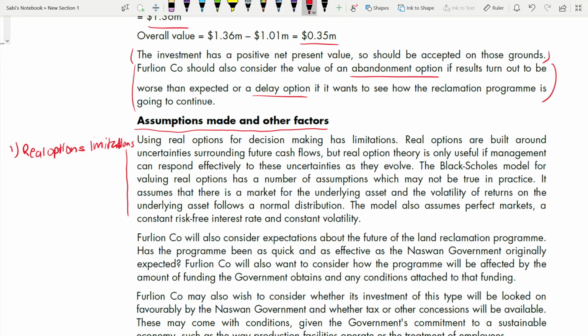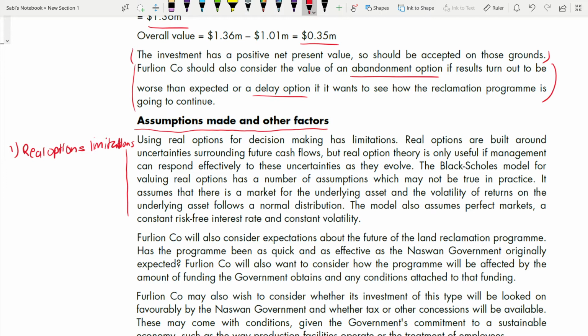So the second, real options are built around, the first line, okay? Real options are built around uncertainty surrounding future cash flows. But real option theory is only useful if management can respond effectively to uncertainties as they evolve. Okay?